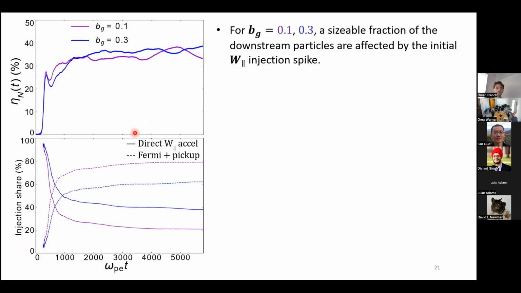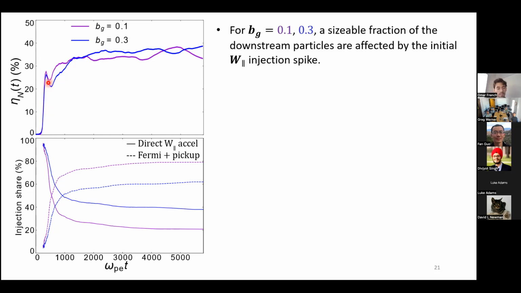Okay, so what happens if we compare A to N to the injection shares, as we showed before, over this variation? What we find is that this initial spike from parallel electric fields corresponds to quite a large spike in A to N. It goes all the way to maybe a quarter of downstream particles injected by this initial spike, which may lead some people to believe that this mechanism causes the injection.